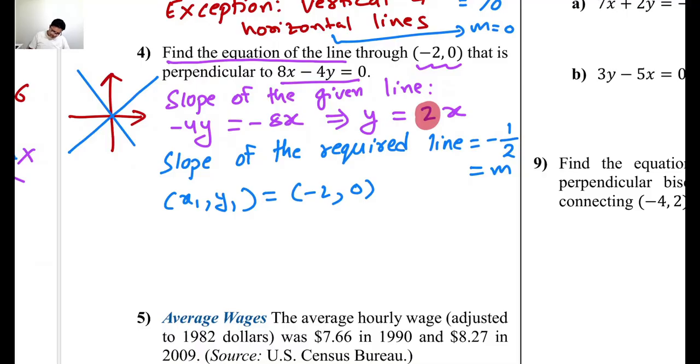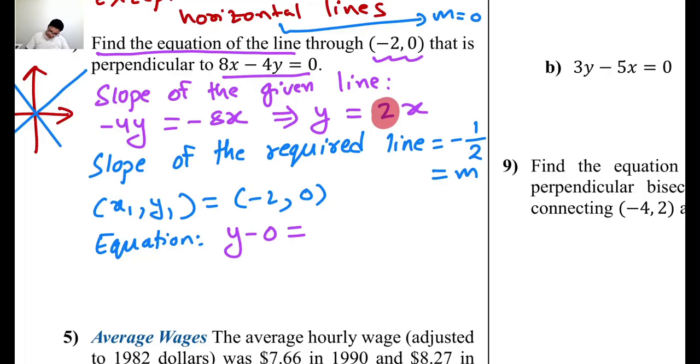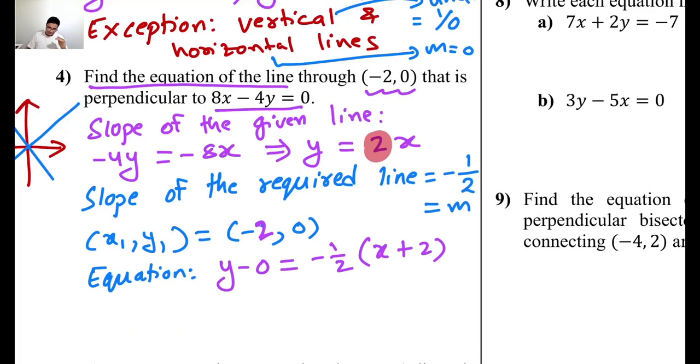So the equation will be y minus y1, which is 0, equals the slope m, negative half, times x minus x1, where x1 is negative 2, so x plus 2. I will leave it at that, in point slope form.